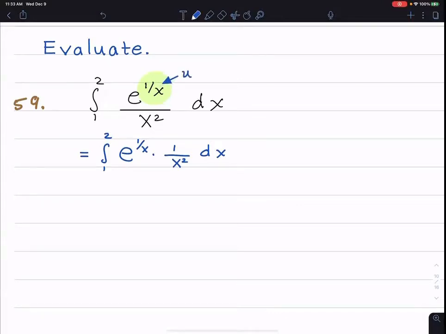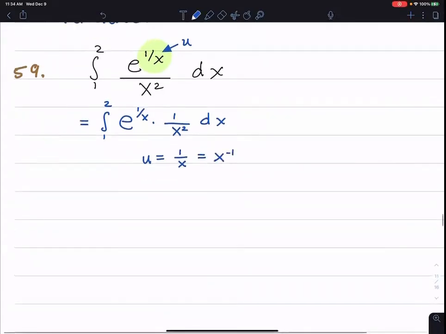Okay, I'm going to let u equal that right there. So u equals 1 over x, and I need to take the derivative of that. That should be written as x to the minus 1, and the derivative then is du equals negative 1 x to the minus 2 dx.